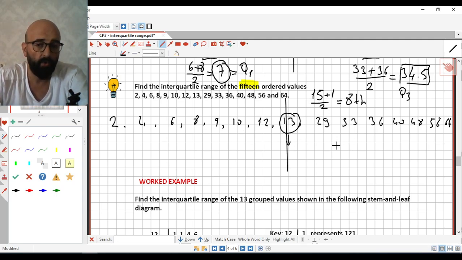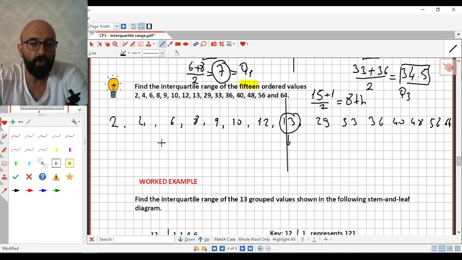For the first half, the middle of this part is 8, because to the left of the 8 we have 3 values, and to the right of the 8 we have 3 values.